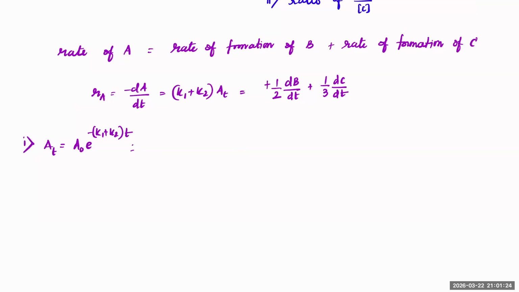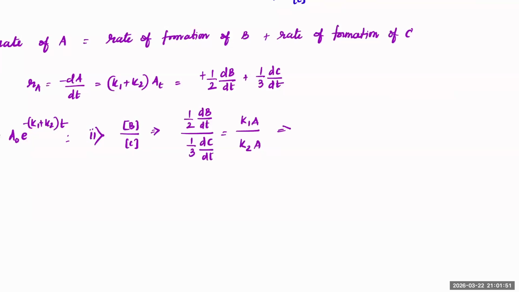Second, we need to find the concentration of B with respect to C. To find this, 1 by 2 dB by dt must be divided by 1 by 3 dC by dt. That will give us K1 into A by K2 into A, the way I have derived it earlier.